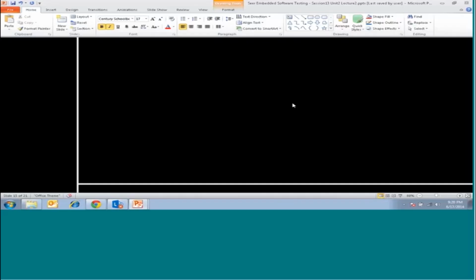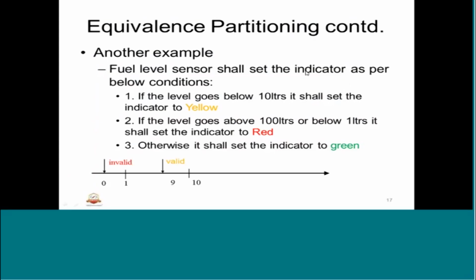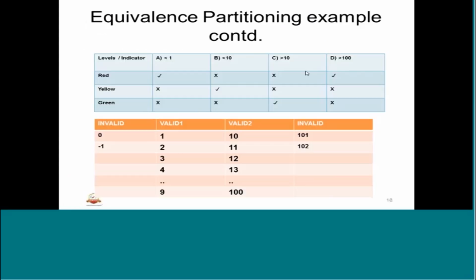So that is why it is invalid. Similarly, the other extreme of the requirement is 101. That is also an invalid equivalence partitioning.